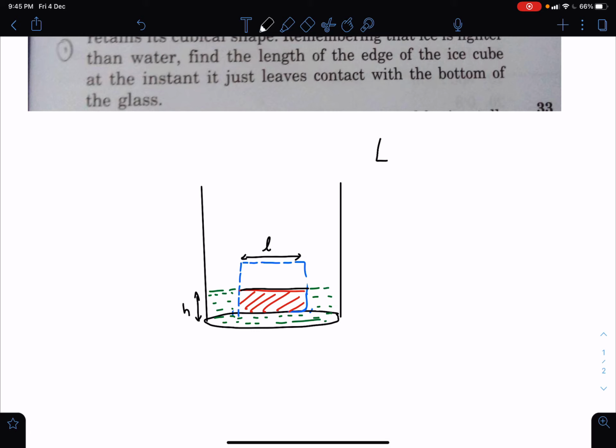What is the initial volume? L cube. What is the volume right now? Small l cube. So this much volume is gone, and this volume into the density is the mass gone. Mass of ice gone is equal to mass of water formed. So mass of water formed is density of water into volume of water formed.